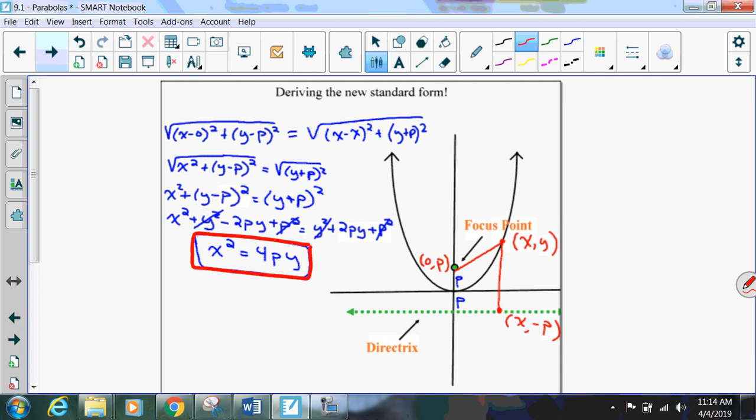It's using the distance formula from this point to this point, and it's setting that distance equal to the distance from this point to this point, which of course is not drawn to scale. So if you have fun thinking about that, go ahead and look at that.